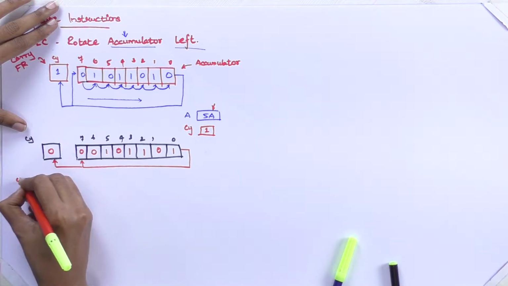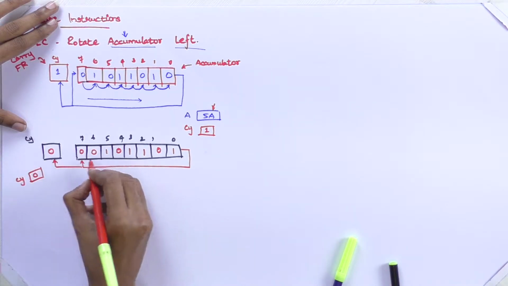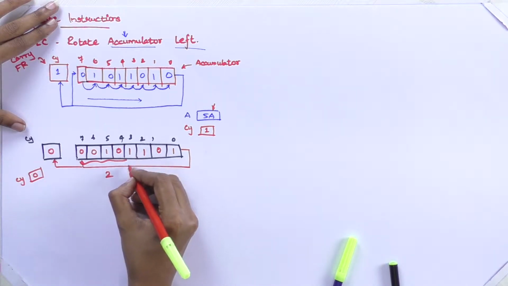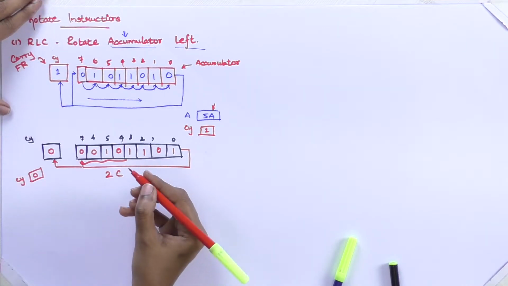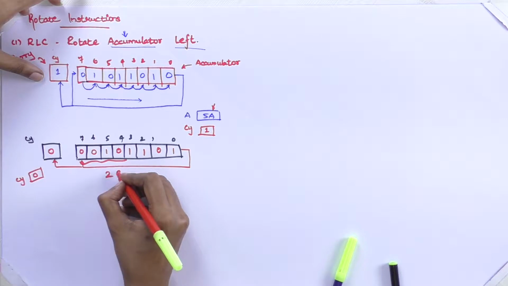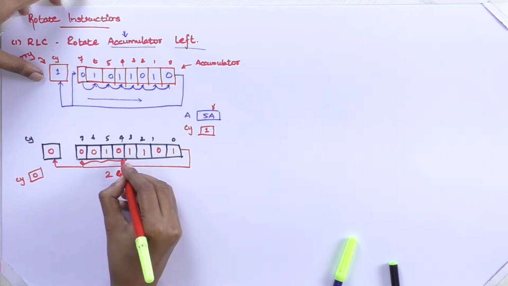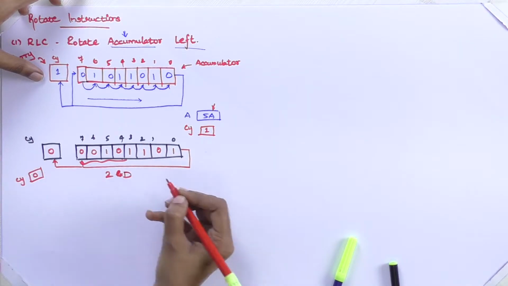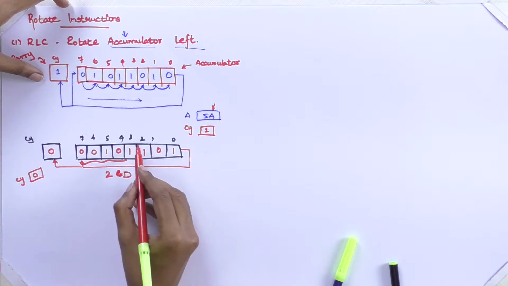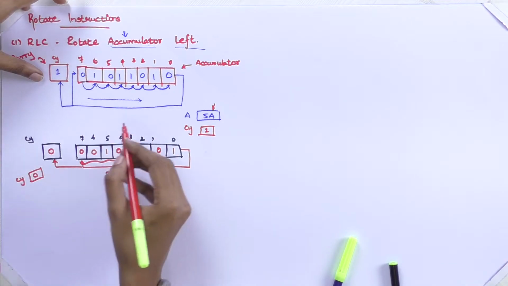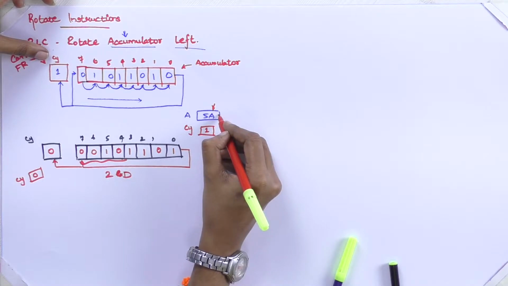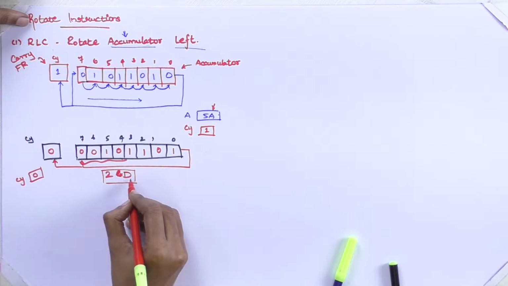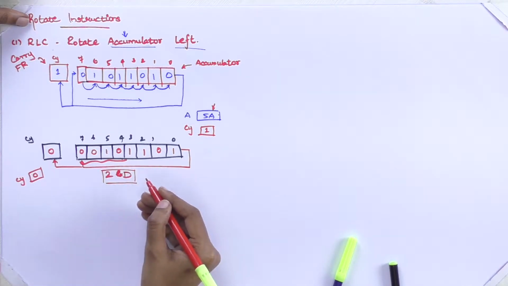Carry is having value 0 and the accumulator is having the value 2D, because 12 plus 1. So before execution, the accumulator has the value of 5A. After shifting it towards the left, it has the value of 2D. So this is how the rotation takes place.